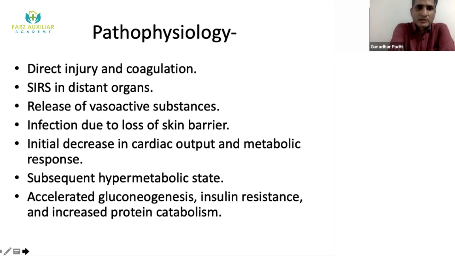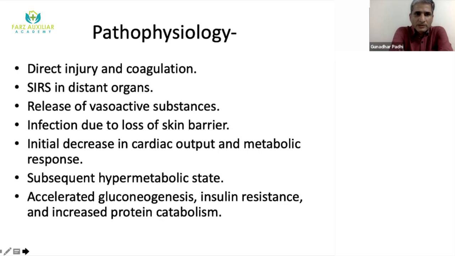And because of the release of the inflammatory substances from that area to the distant organs, the patient can suffer from systemic inflammatory response syndrome, SIRS response. So the SIRS response is very, very prominent if the area of the burn involved is more, and the more the percentage of the burns, the more the patient suffers from SIRS or systemic inflammatory response syndrome.